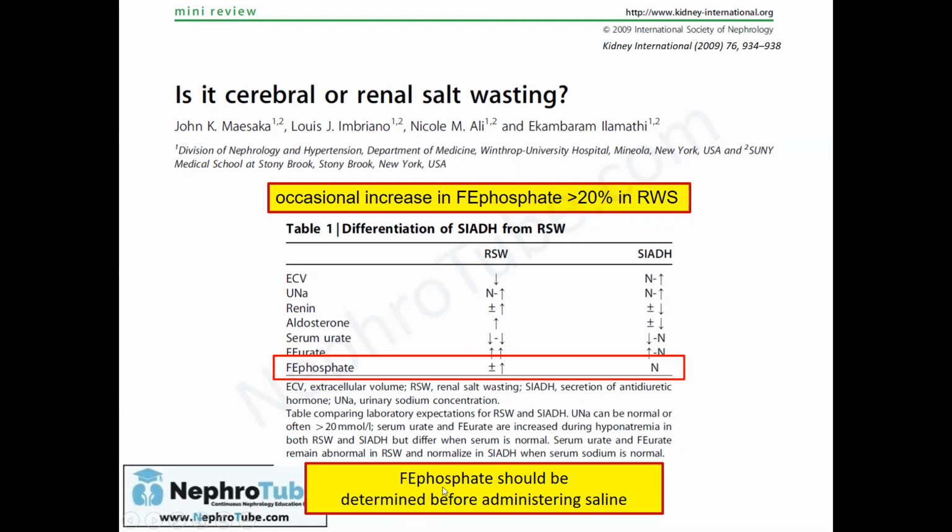So fractional excretion of phosphate should be determined before giving the patient saline or whatever the management that we will do. If it is high, more than 20, this suggests more the presence of renal salt wasting. But if it is normal, we can't exclude the presence of renal salt wasting.